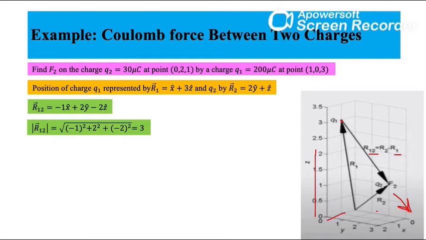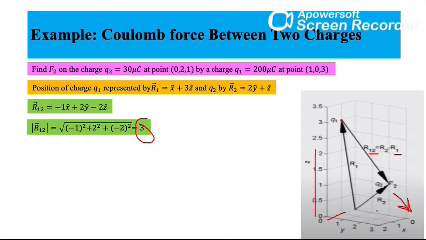The magnitude of r12 is the square root of the x component squared plus the y component squared plus the z component squared. Over here, minus 1 squared plus 2 squared plus 2 squared gives me 3 under the root, so the magnitude of r12 is 3. I hope that you derive this for yourself and convince yourself that this is correct.